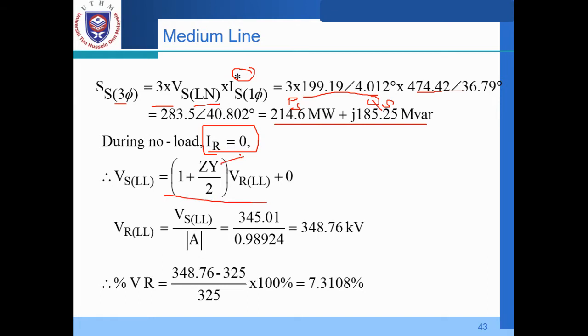So this is actually A, the parameter A. Rearranging, we have VR line to line equal to Vs over the magnitude of A.